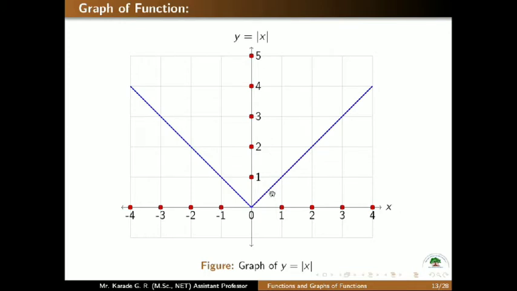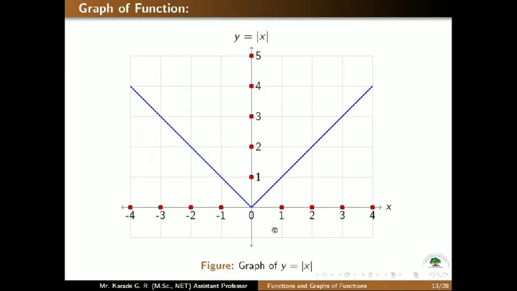So see here, this function is divided into two parts. On the right side of the y-axis we have one part of that graph, and on the left side of the y-axis we have another part of that graph.